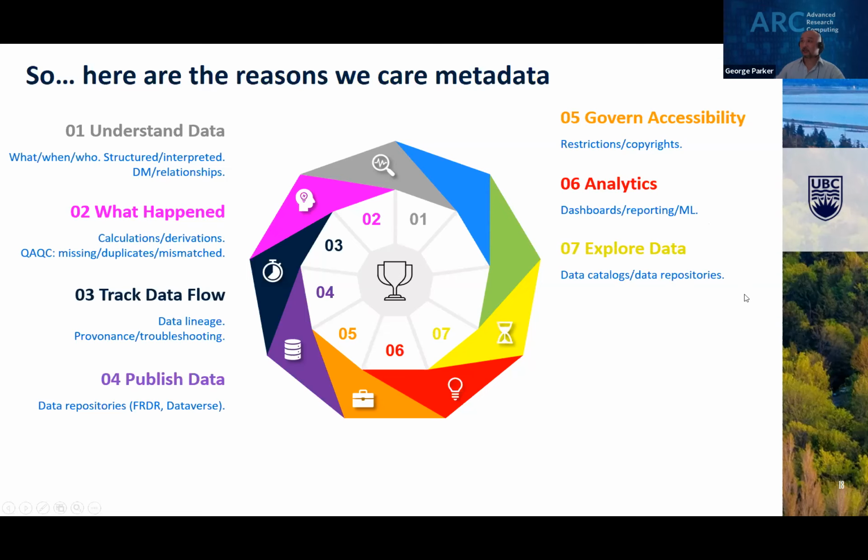Explore data. Some large organizations use data catalogs. A data catalog is a large central repository that defines all of the organization's data assets. That includes structured data and unstructured data.